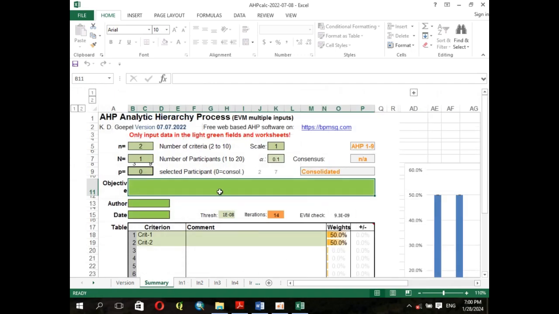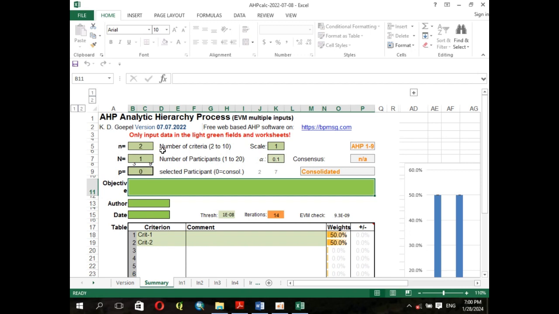So under summary, we have this analytical hierarchy process Excel version, all right, and as it indicates, free web-based software you can get from this link. Okay, you can simply write HTTPS and the like, and you can get this application or this Excel macro.